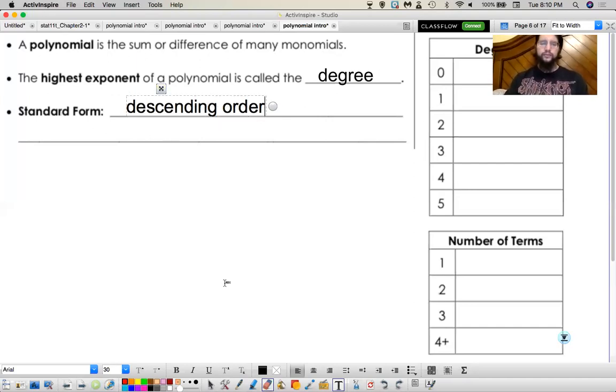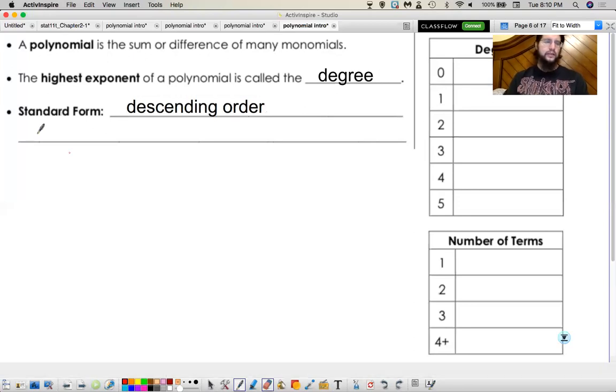So for example, you could have some number a sub n times x to the n plus a sub n minus 1 x to the n minus 1.